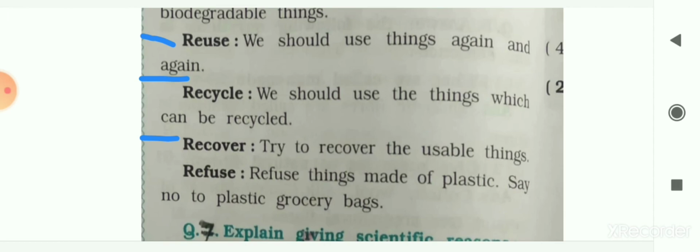Next is refuse. Refuse things made of plastic, or say no to plastic grocery bags. We should not use plastic bags, or as much as possible we have to say no to plastic. So these are the 5R principles that we should follow.